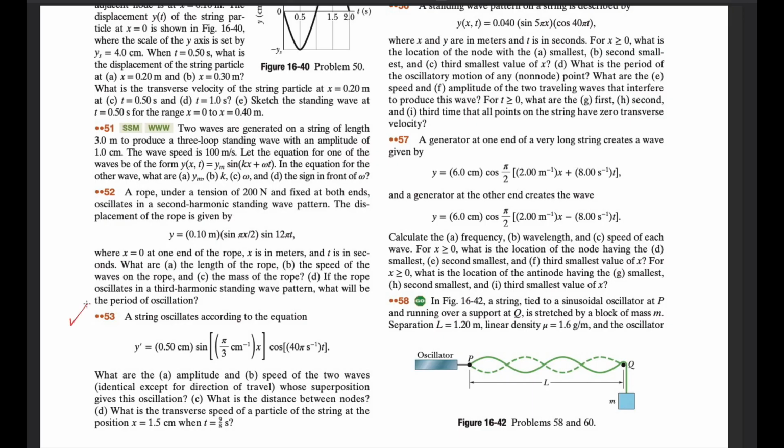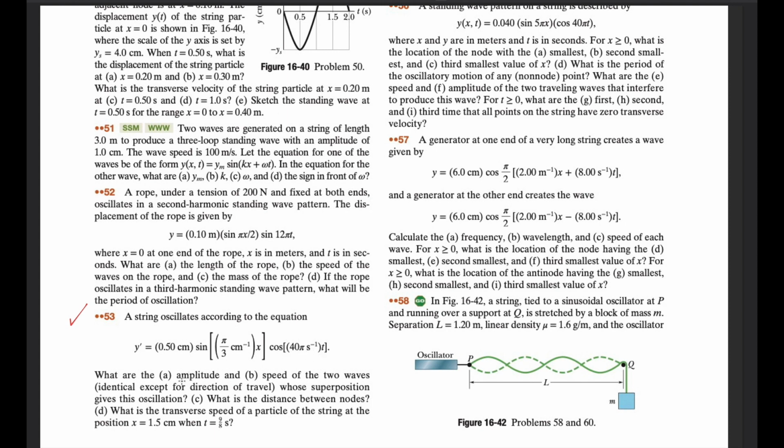Now we will solve another selected problem from this chapter, problem number 53. A string oscillates according to the equation y prime equal to 0.5 centimeter, sine of (pi by 3 per centimeter times x), cos of (40 pi per second times t).